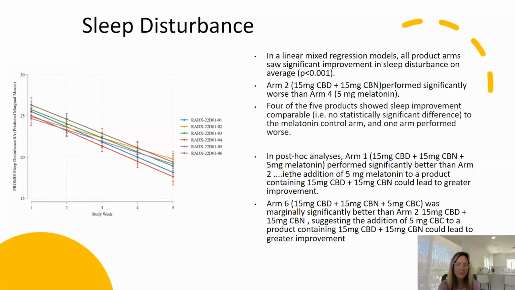Arm 6 was marginally, just a little bit, significantly better than arm 2, suggesting that by adding 5 milligrams of CBC to a product that had the 15-15, that may lead to a greater improvement. So basically what we're saying is that either adding melatonin or the CBC may benefit that 15-15 formula is what we found.